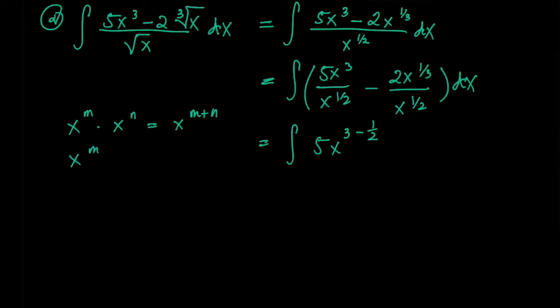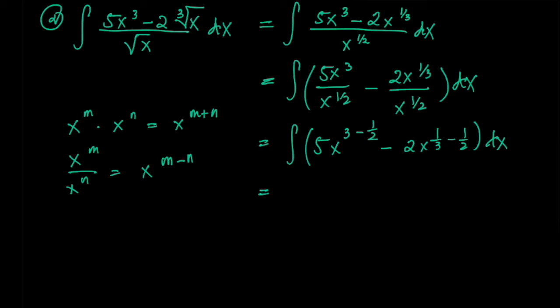For division over x raised to n, we just subtract the exponent. So in this case, we subtract the exponent. The same thing for the second term: 2x raised to 1/3 minus 1/2, enclosed in parentheses, and dx.